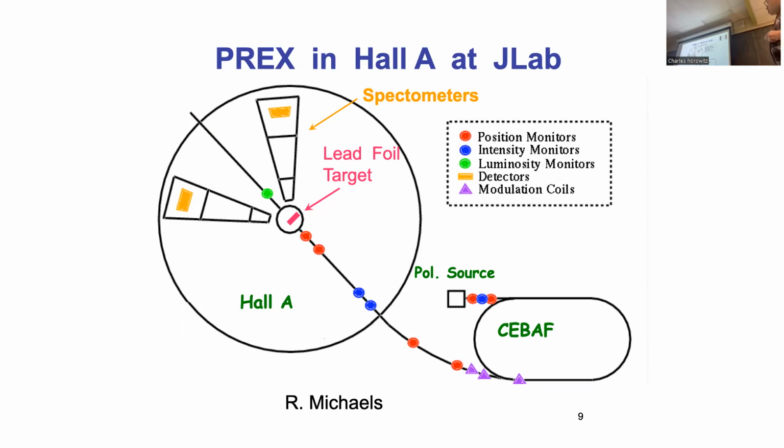It's enriched in lead-208. So you have this thick lead foil sandwiched between two thin diamond foils. The diamond has a tremendous thermal conductivity. So the diamond takes all the heat away and keeps the electron beam from quickly melting the lead.